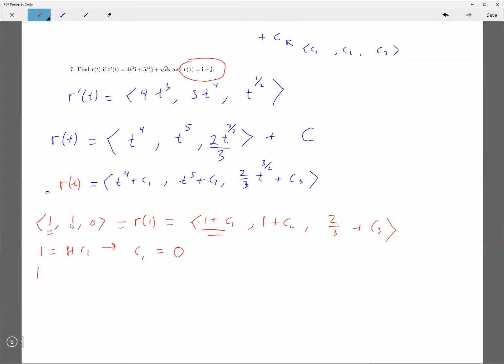And then you also have 1 equals 1 plus C2, which means that C2's got to be 0. And then this third one, you have 0 equals 2/3 plus C3. And that means that C3 has to be what? Negative 2/3. Excellent.